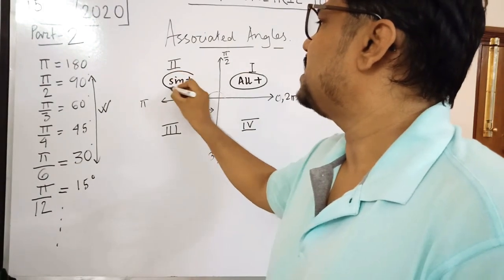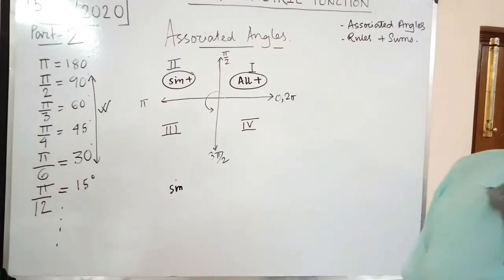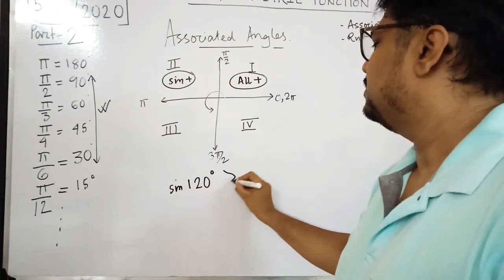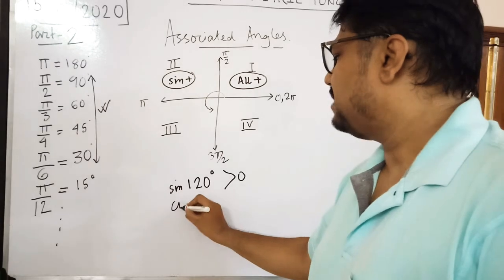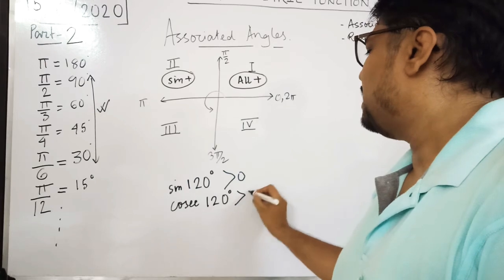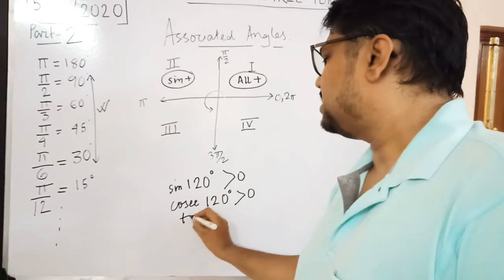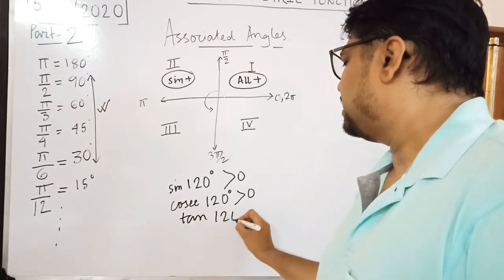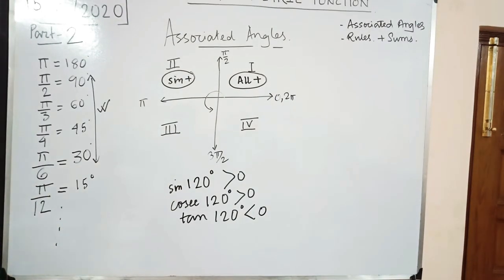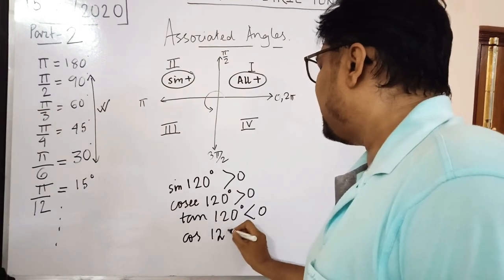Sine positive means, I'll give you an example. Say a second quadrant angle, 120 degree. So sin 120 degree will have a positive value. As well as if you take the reciprocal, cosec 120 degree will also have a positive value. But tan 120 degree will have a negative value, and cos 120 degree will also have a negative value.